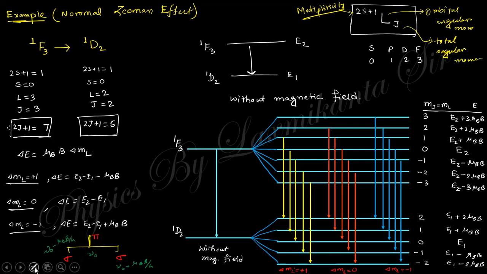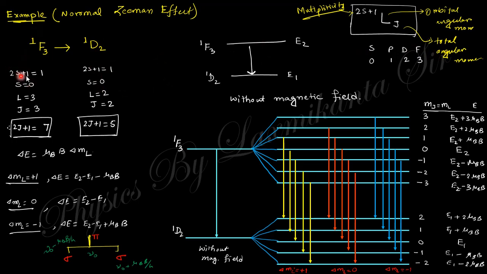So in this notation, this is the multiplicity 1, and this letter is the value of L. You know S means the value of L is 0, P means L is 1, D is 2, F is 3. So F is 3, and the transition is from F to D, where D is 2.